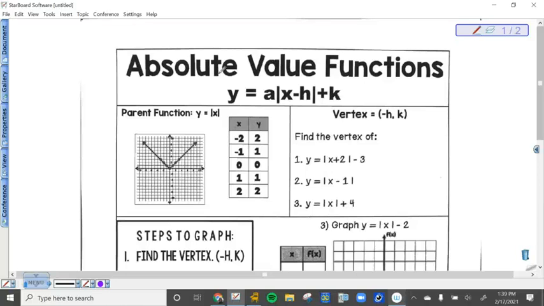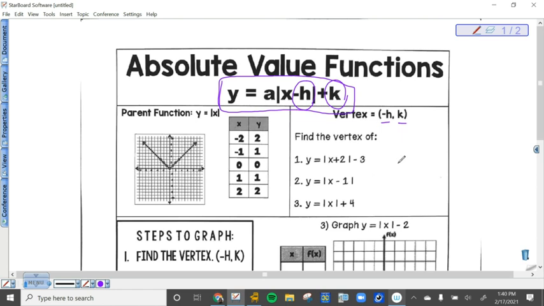So again, this is our equation, our standard form. Negative h and k tell us where the vertex is. So in this equation here, y equals the absolute value of x plus 2, minus 3.